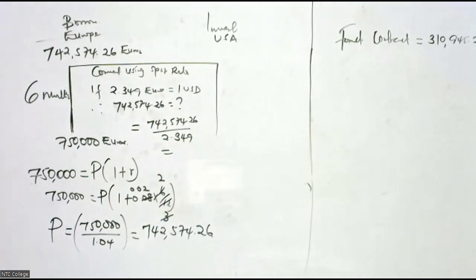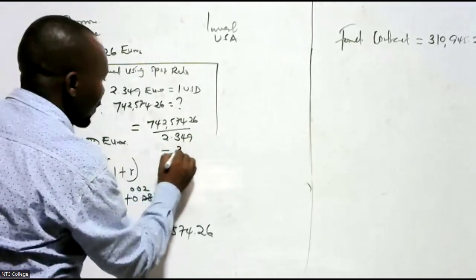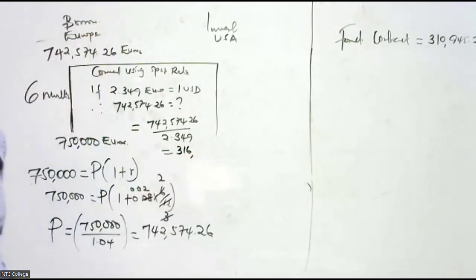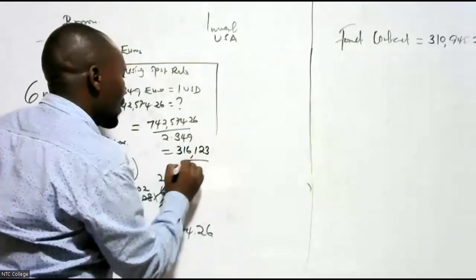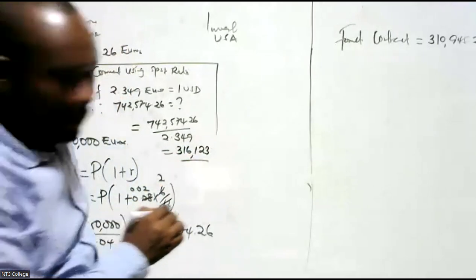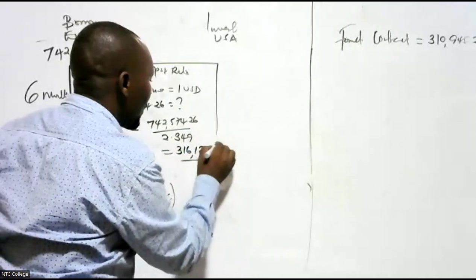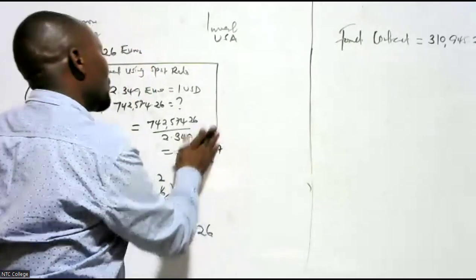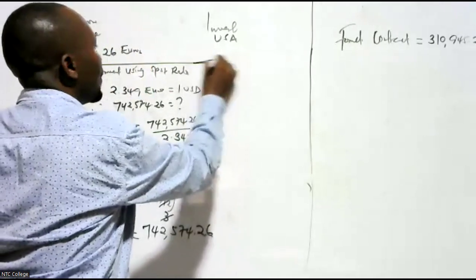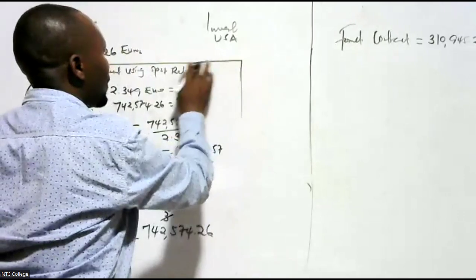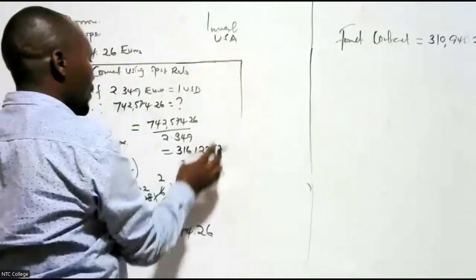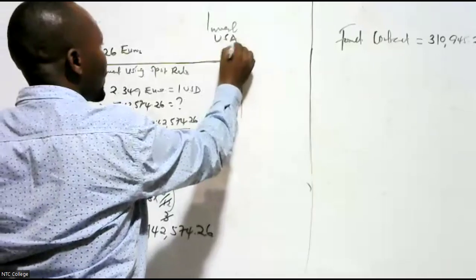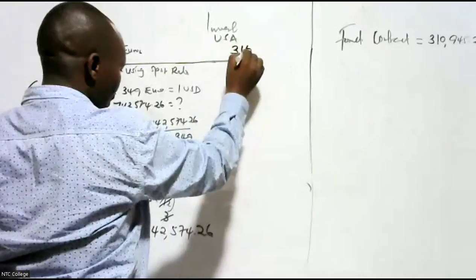We need to get 316,123.57. This is the amount in dollars that we are investing. So invest this amount.